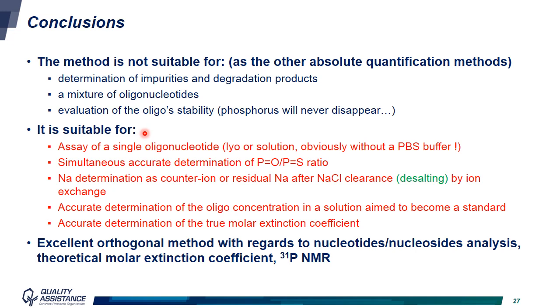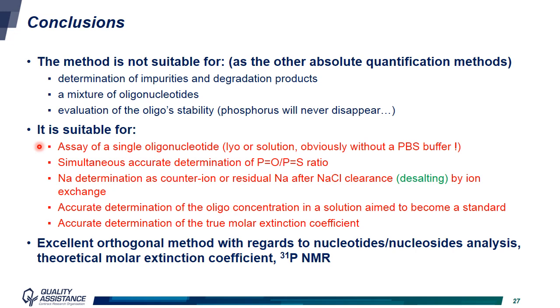But it is nicely suitable for the assay of a single oligonucleotide presented as a lyophilizate or a solution, obviously without a phosphate buffer. It is suitable for the simultaneous accurate determination of the PO-PS ratio if the sample is a phosphorothioate.